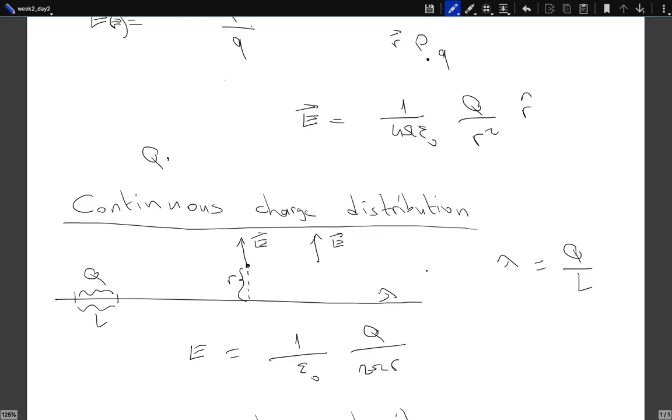So what we did was divide this wire into very small segments, which we can approximate as point charges. We calculated the electric field created by each one of these almost point charges at this point, summed them up using the superposition principle, and eventually took the limit that the length goes to 0, so that we obtain the electric field of an infinite wire.